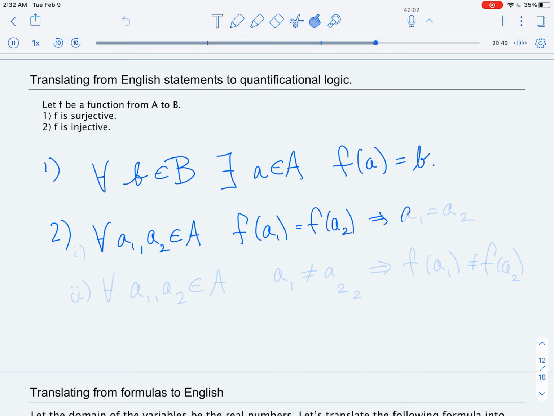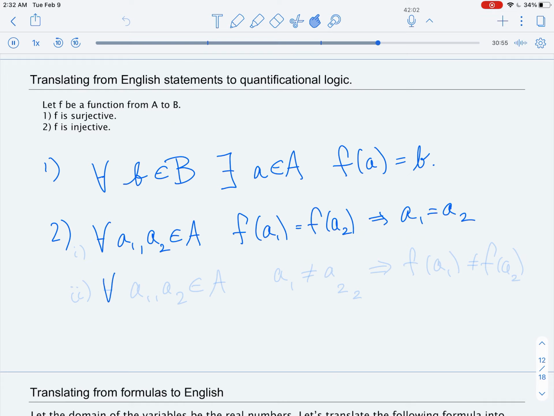then a1 equals a2. Now, the contrapositive is when I take the implication, I negate the conclusion, and then that implies the negation of the premise.